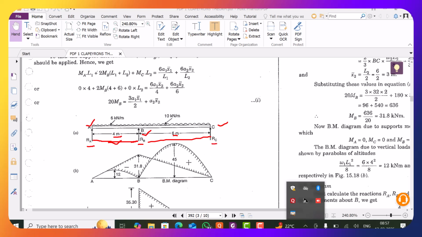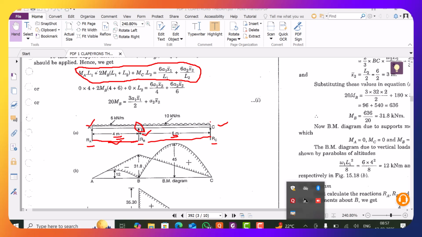The basic governing equation in the three-moment theorem is written here. You can see carefully: MA into L1. MA stands for moment at A, and L1 stands for the length of span 1, that is 4 meters. MB, moment at B, into L1 plus L2, where the length of the second span is 6 meters.